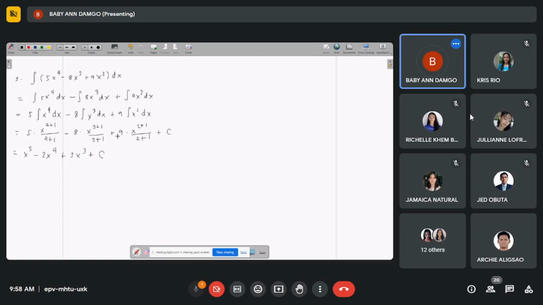Okay, so practice. We have the integration of 5x squared plus 7 all over x to the power of 4 over 3 dx.